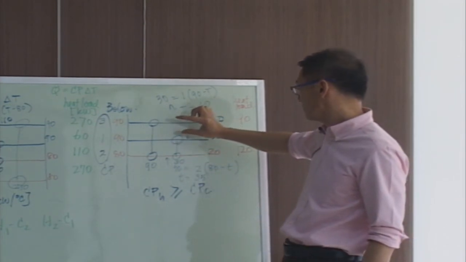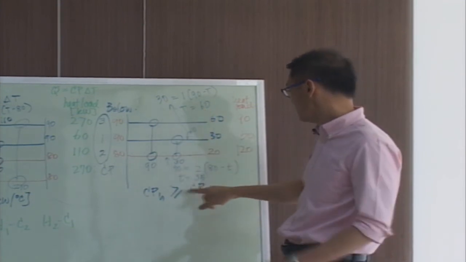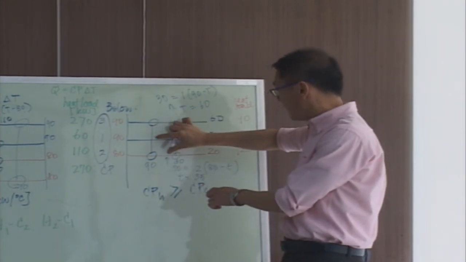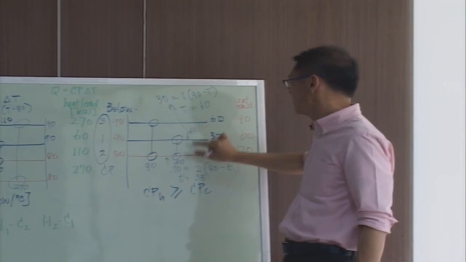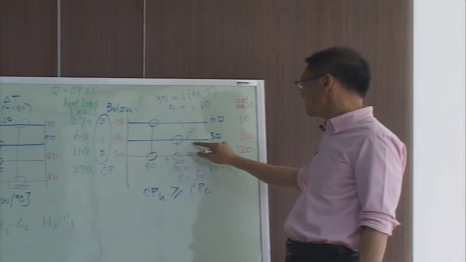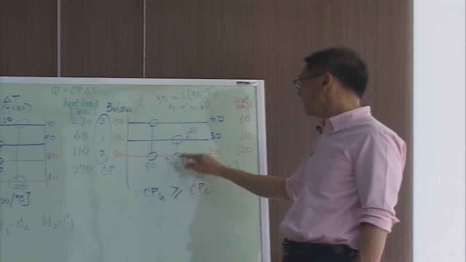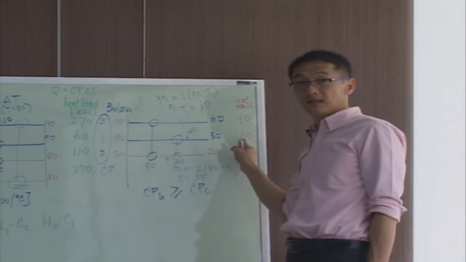Does it look okay? This is 30, 35, 35 and 90. Okay. 60 and 20. Okay. So the remaining heat load, because it's consumed 30 already, the total they require is 60 kilowatt.